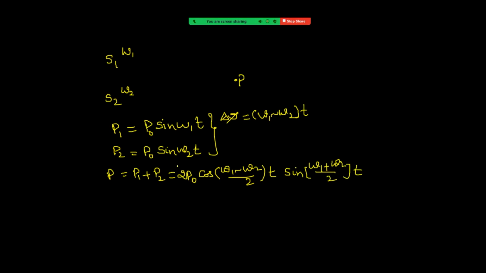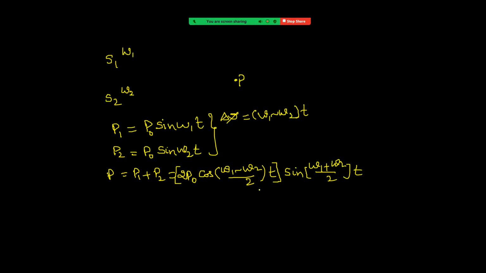Now what I am doing here, see carefully this part. In the place of pressure amplitude, it is 2 P naught cos of (difference of omegas by 2) into t. So this value keeps on changing with time.